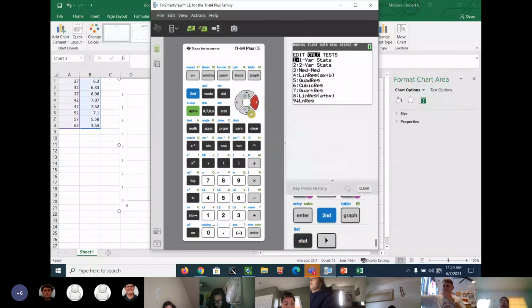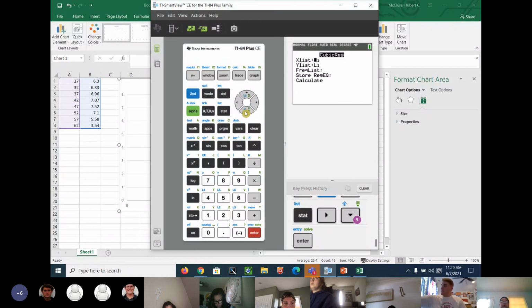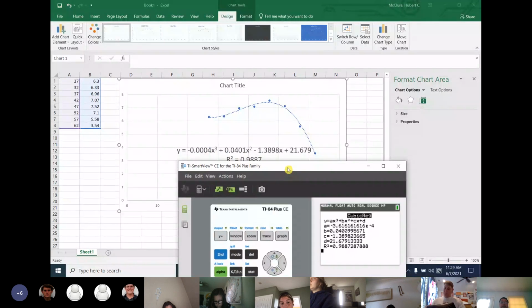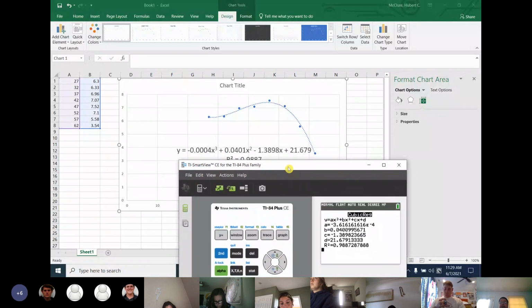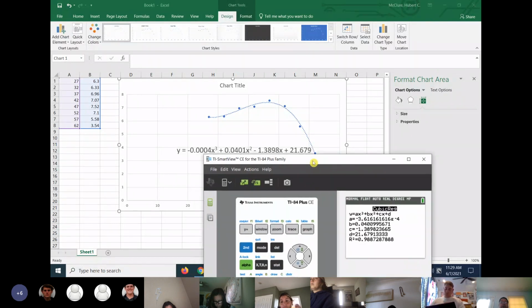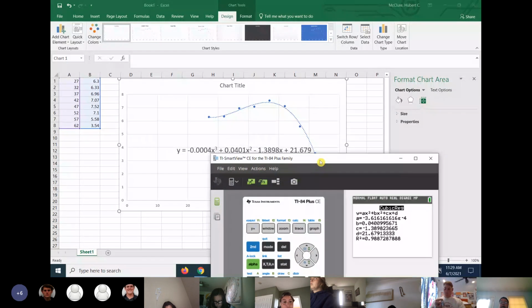Stat, calculate, cubic regression, and calculate. Okay, negative 3.616. No, that's something totally off the wall. No, there it is. 0.000361. 000, because they rounded. All right. Yeah, we got the same thing.